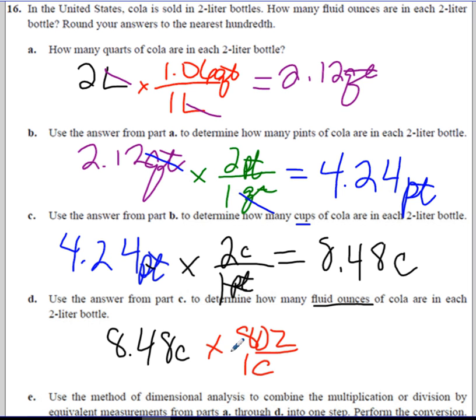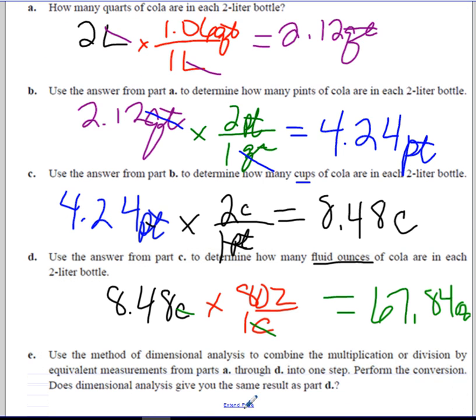And we're canceling out our cups, keeping our ounces, and we get 67.84 ounces. So that means there's 67.84 ounces in a 2-liter bottle of cola.